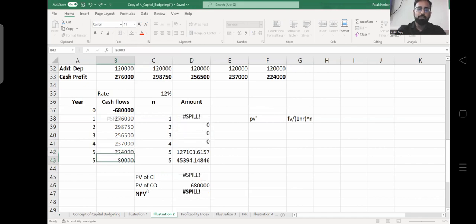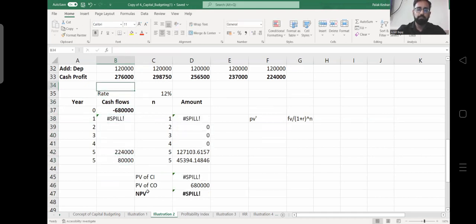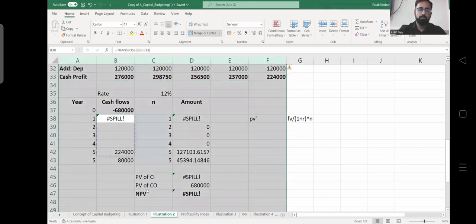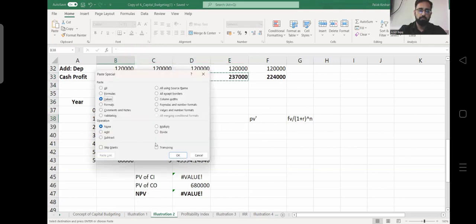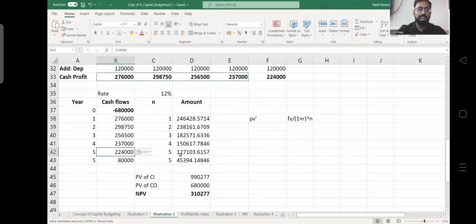So I'm writing down manually here 2,24,000. So here what I will do, I will add 80,000.